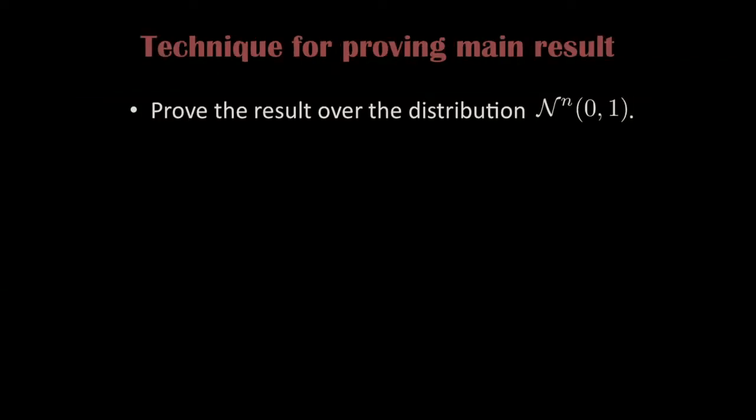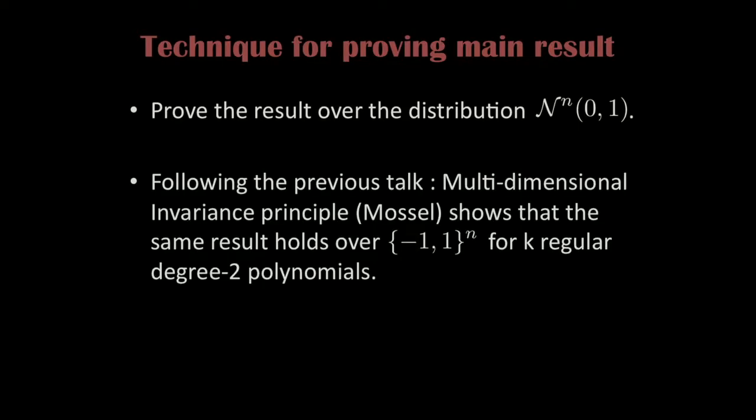So as I said, the technique for proving the main result is first you prove it over the normal distribution, and then, following the previous talk, there is all this awesome work by Mossel, O'Donnell, and Oleszkiewicz, who give these invariance principles, which show that once you can do the counting over the normal distribution, you can achieve the same approximation guarantees.